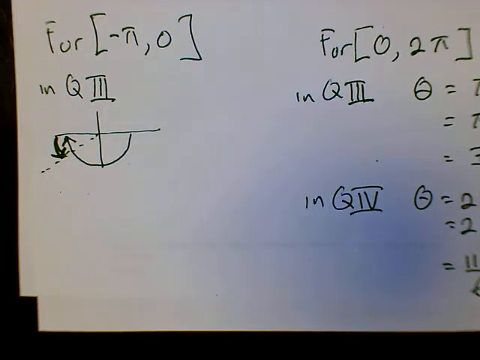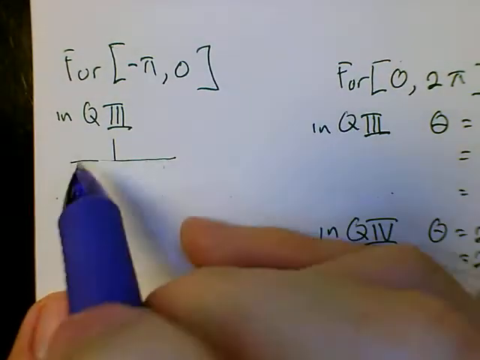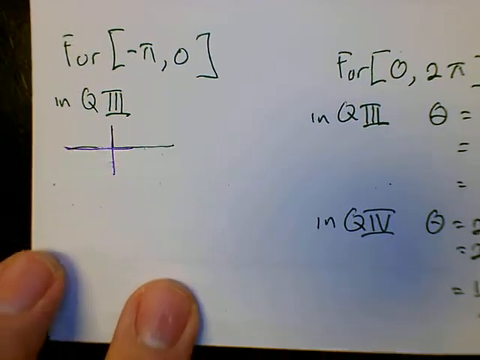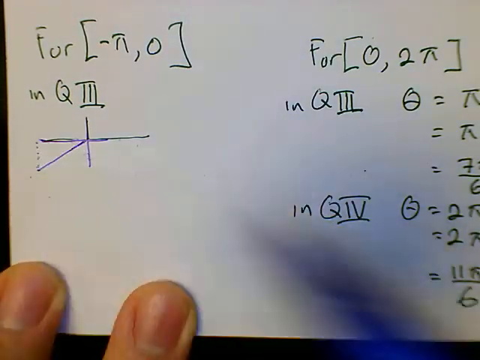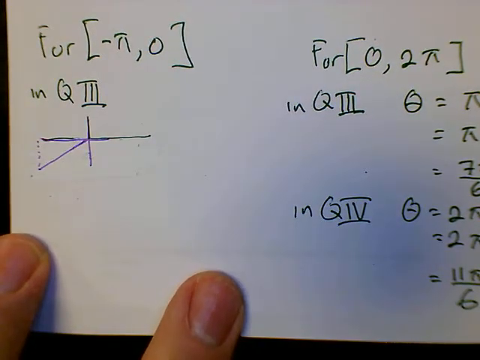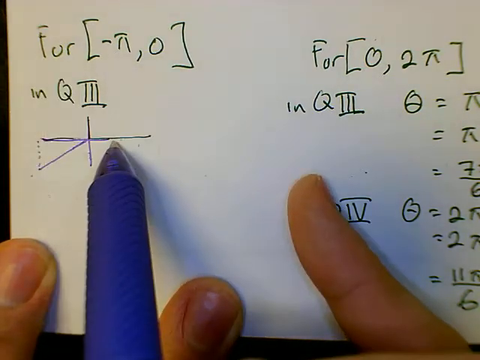I'm going to do the same picture, but let me try to explain it a little differently. So for quadrant 3, again, you know that the triangle I am dealing with is that, but I'm not rotating in the positive direction. I'm rotating here.